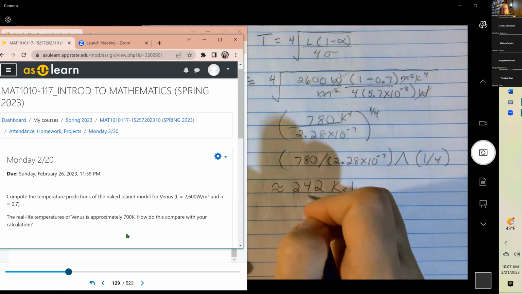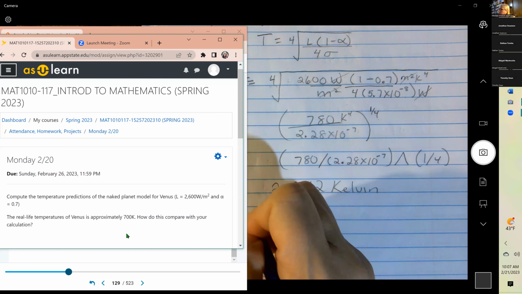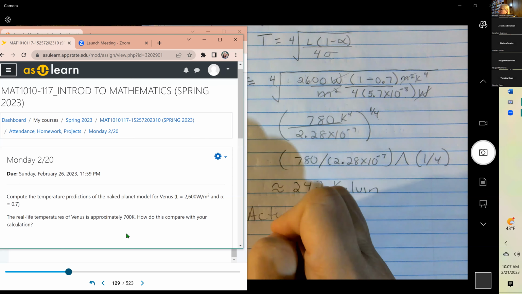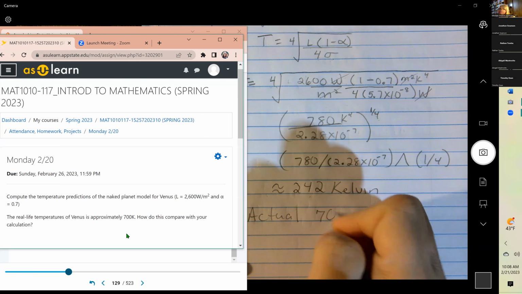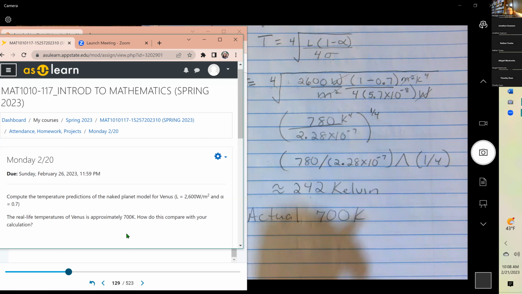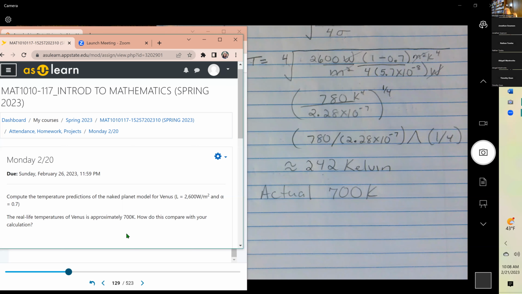This is 200, but the actual is 700. I did not think they would be that far apart, but they are, and we've done it correctly.